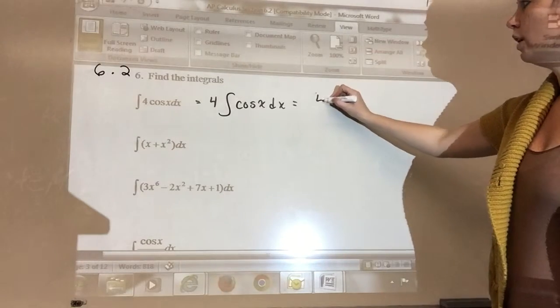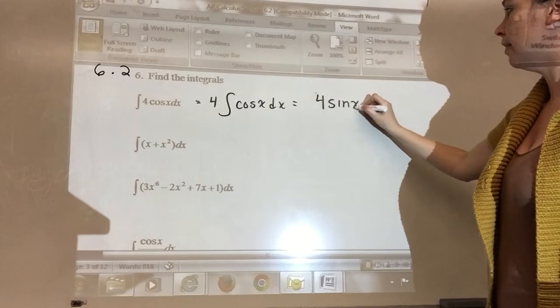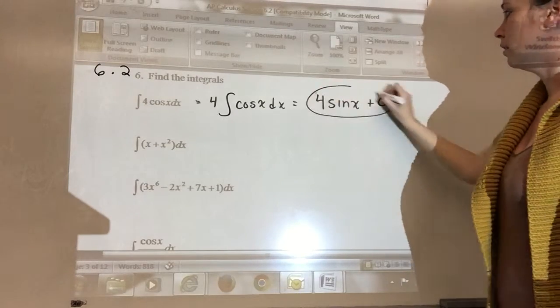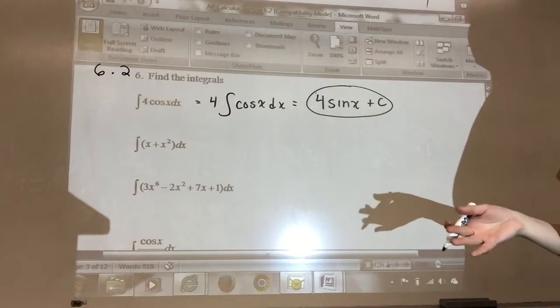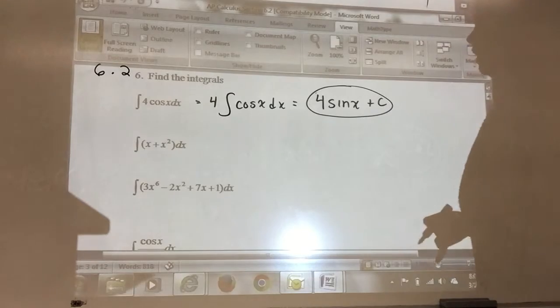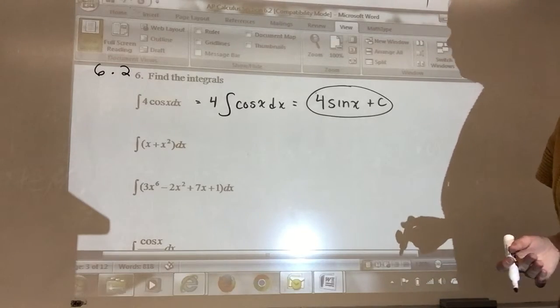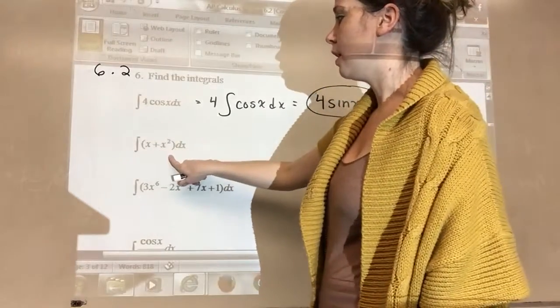So we have our 4 sitting out front. The integral of cosine is sine, and then we have to add our plus c. And it's as simple as that. Okay, it's nice because there's no product rule, there's no quotient rule, there's no chain rule. This is just, you know, if it's got to be on a sheet or you don't know the answer kind of thing.